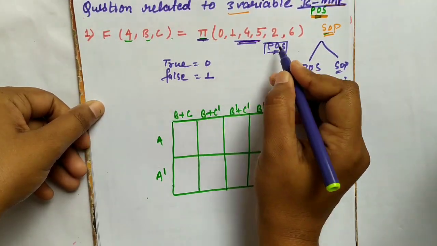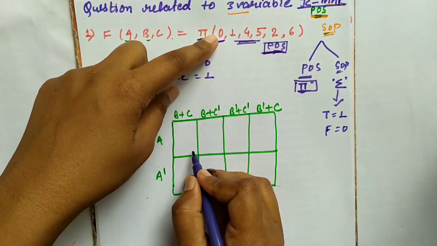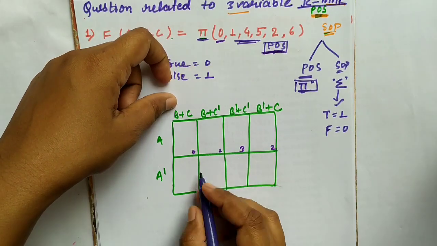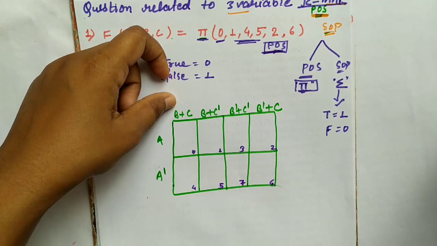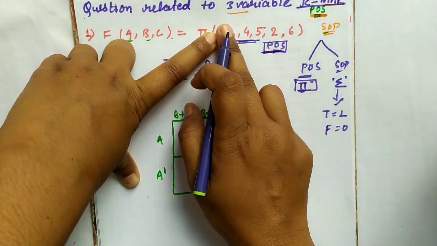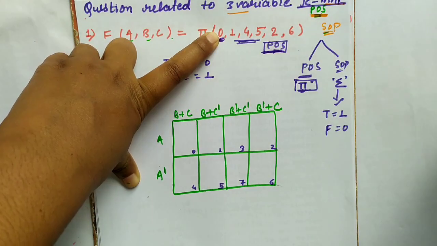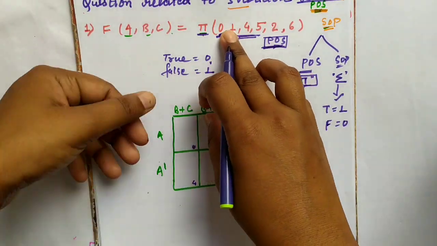Here is the question related to the POS. Here are the values 0, 1, 2, 3, 4, 5, 6 and 7. In the place of 0, that means this value is contained in that diagram, so in that place we have to write 0.